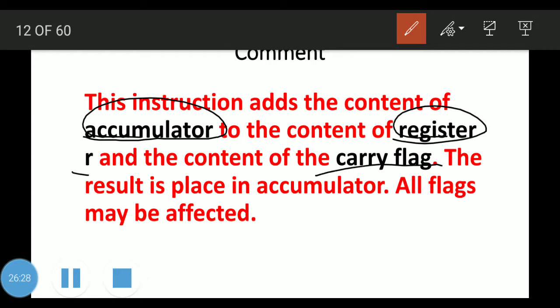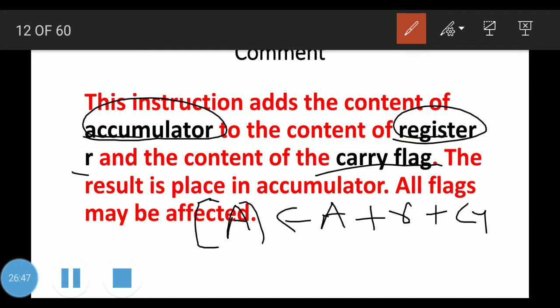Here we will have A, we will have R plus carry, that is CY. Remember, carry is a single bit, okay. So this carry will be added and the result will go into the accumulator. This will become our format, okay.